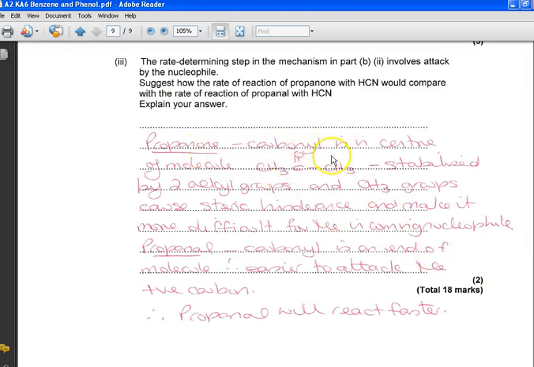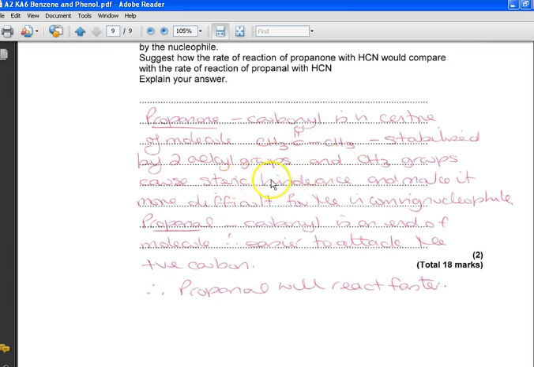So again, they've both got a carbonyl group. One of them, the ketone, is in the centre of the molecule. You can talk about stabilisation from the alkyl groups on either side, which are electron donating. They also cause steric hindrance, so they get in the way of the incoming nucleophile.